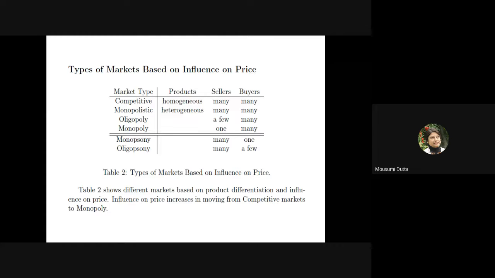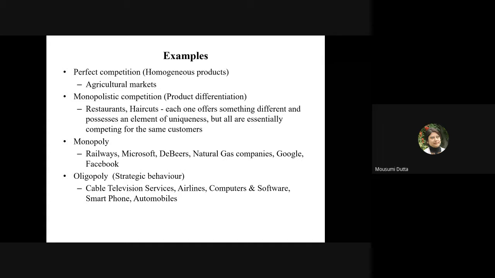This is the idea. Now I am giving you some examples. Restaurants, haircuts, each one offers something different and possesses an element of uniqueness. And therefore people go to different restaurants, people go to different salons, but all are essentially competing for the same customers.